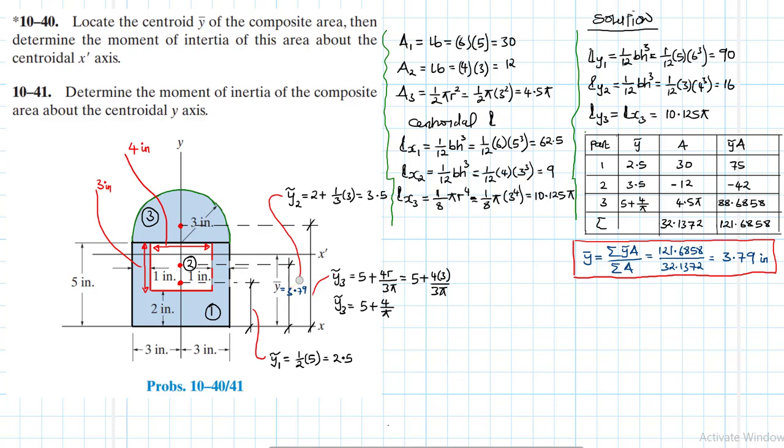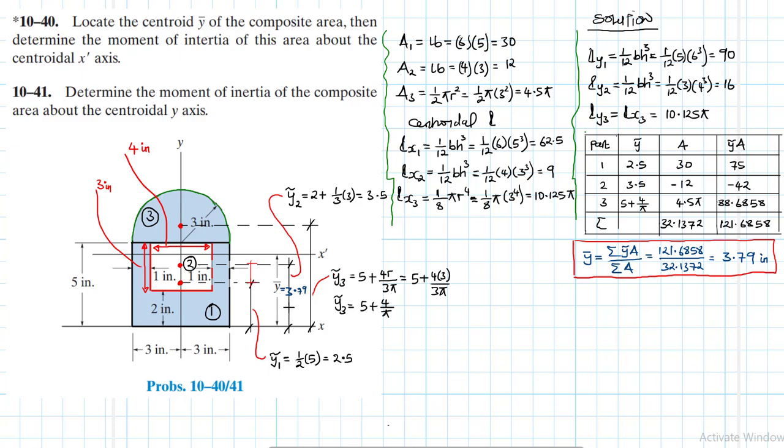Let me rub this line. This line, we can turn it like this here. Alright. So this is 3.79 inches. Okay. So now let's find the new distances. I'll use red. These new distances that we are looking for us to find moment of inertia about the x prime axis, we need to find this distance here. This one here.